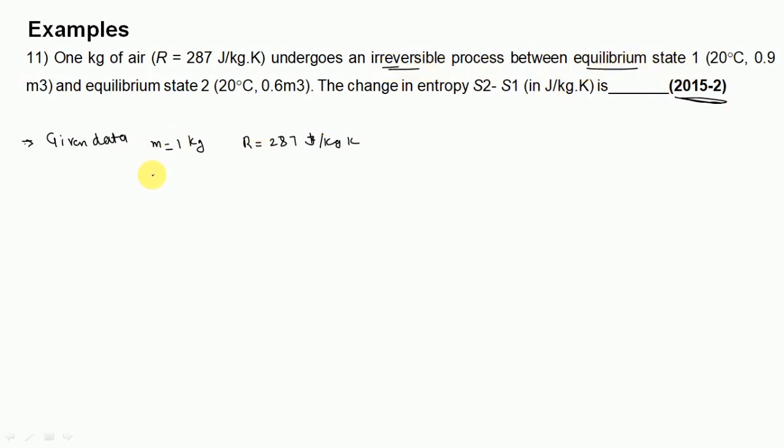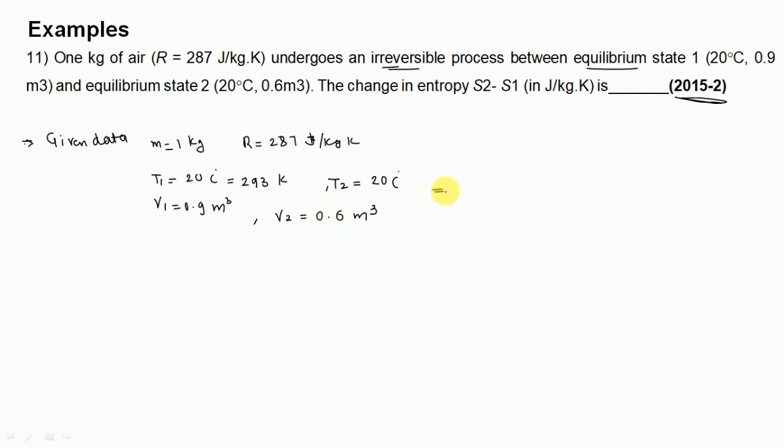One state has a temperature of 20 degrees C, that is 20 plus 273, 293 Kelvin, and the volume is 0.9 meter cube. The second state has T2, which is also the same temperature, 20 degrees C, and the volume is 0.6 meter cube.